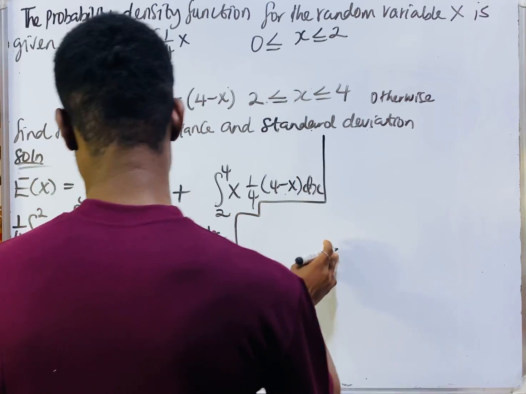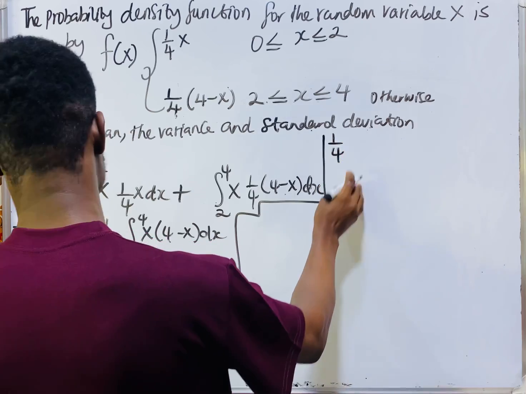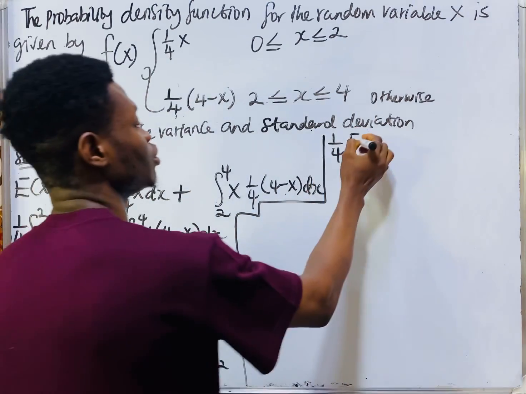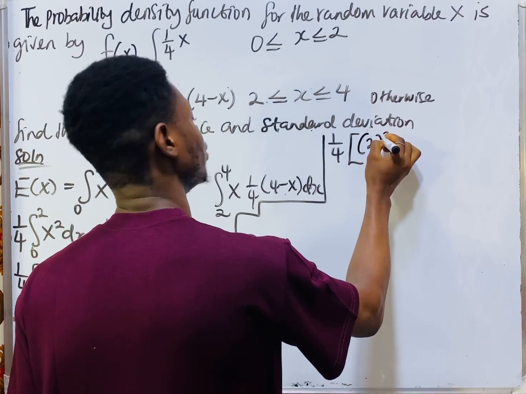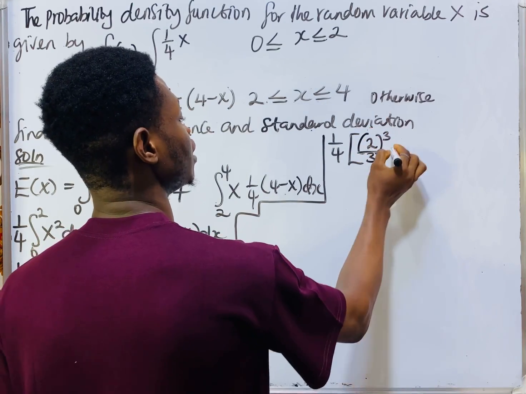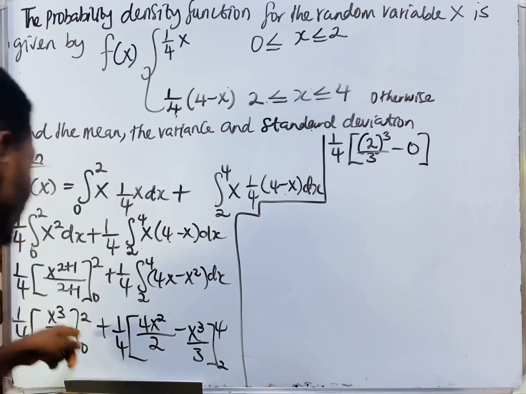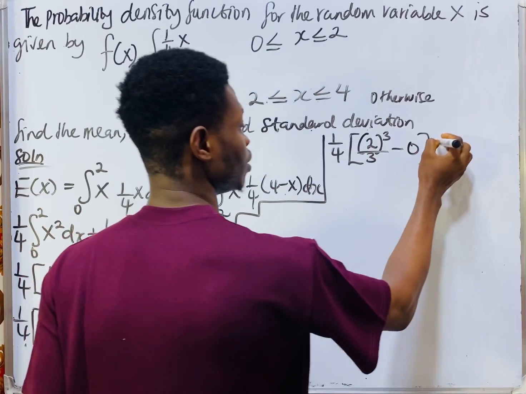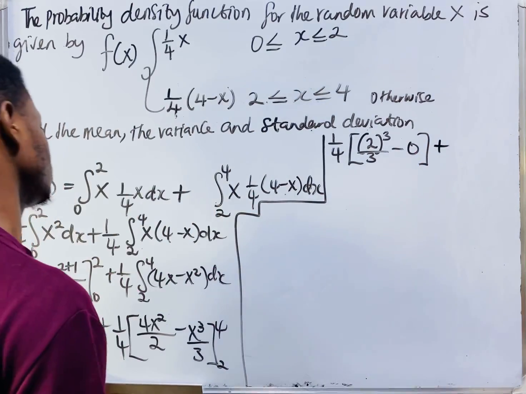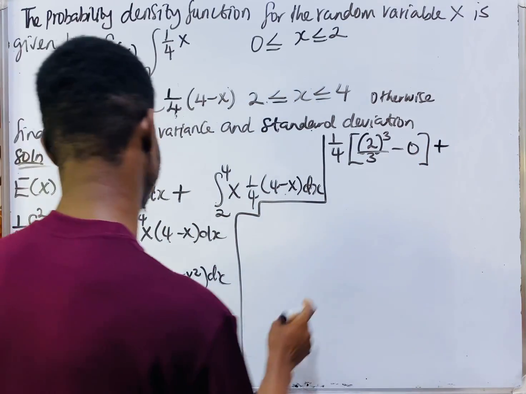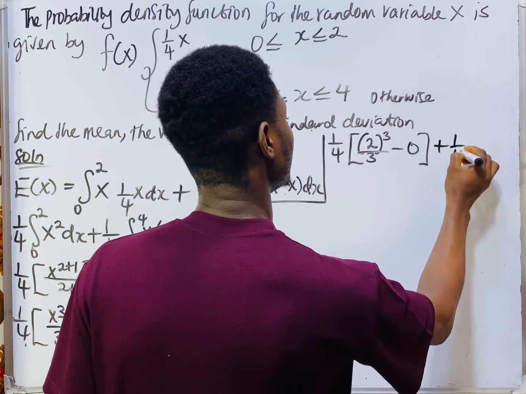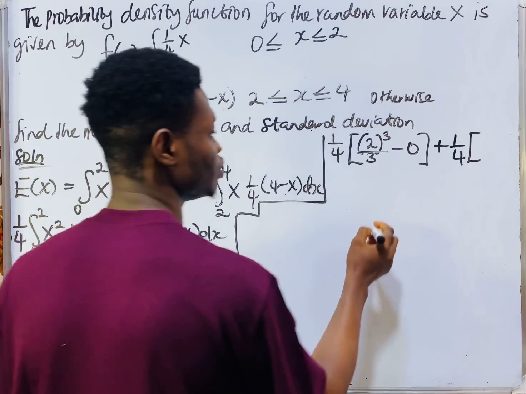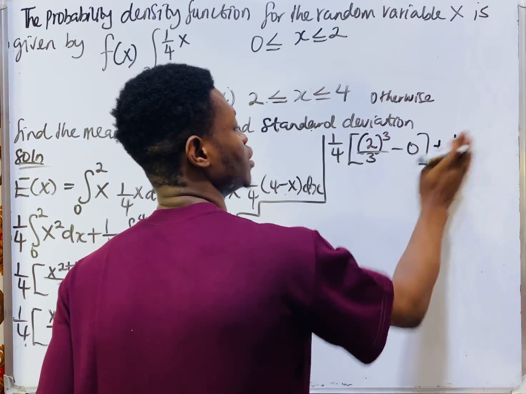So what are we going to have now? We're having 1 over 4 times, let's substitute the upper limit and lower limit. So we're going to have 2 to the power of 3 all over 3 minus 0, right? Because if you put 0 here, it will be 0. So plus, we are going to be having 1 over 4, then times, putting 4.